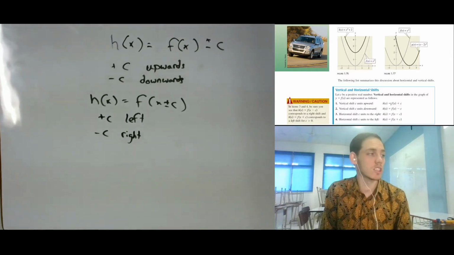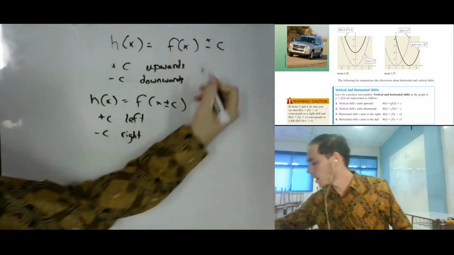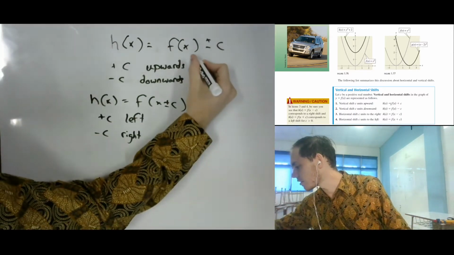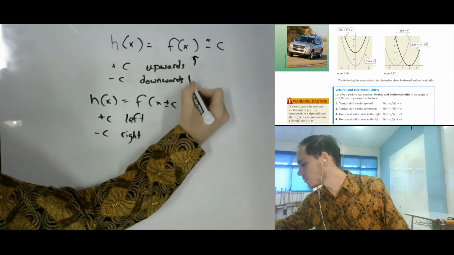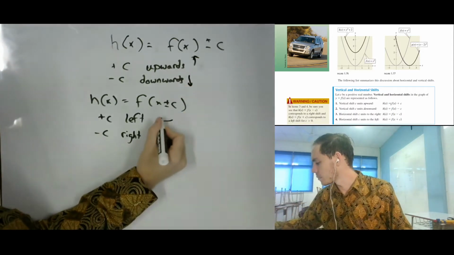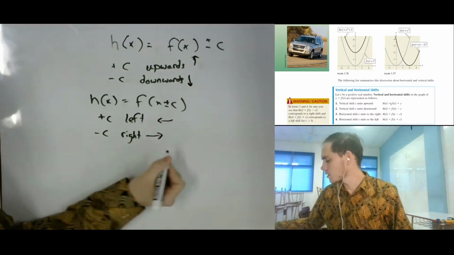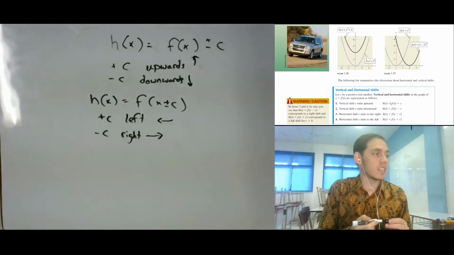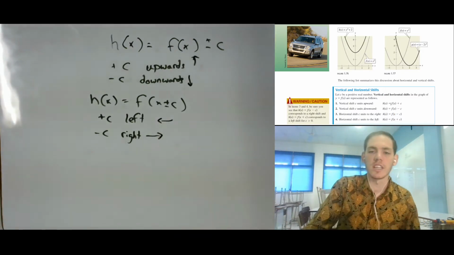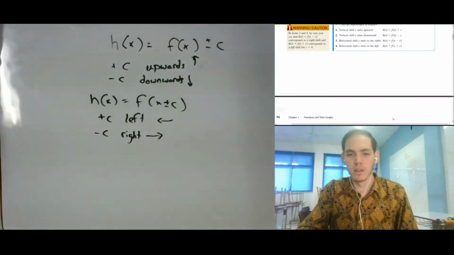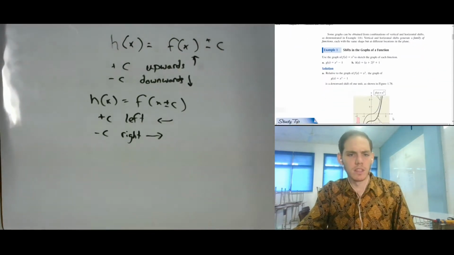So vertical is just going to move it up, the arrow up, downward is going to be down arrow, left is going to be here, right is going to be this way, okay? So if you understand that, that's a pretty useful concept for quite a few problems. But let's keep moving.